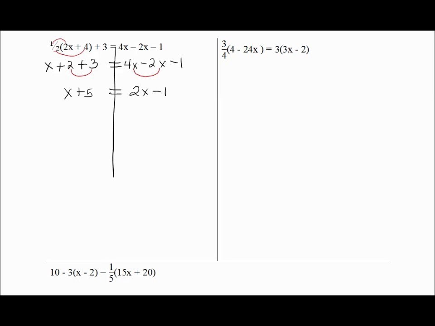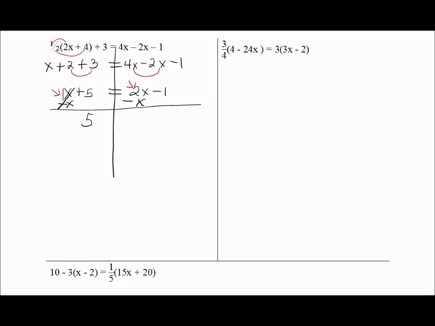Now I'll look at my coefficients. Here it's understood that there's a 1 there, okay? And the coefficient here is 2. So my larger coefficient is on the right. So that means I will subtract x from both sides. My lines keep disappearing. So x minus x is 0.